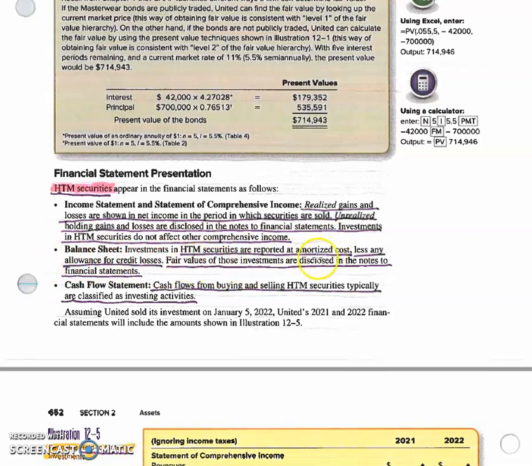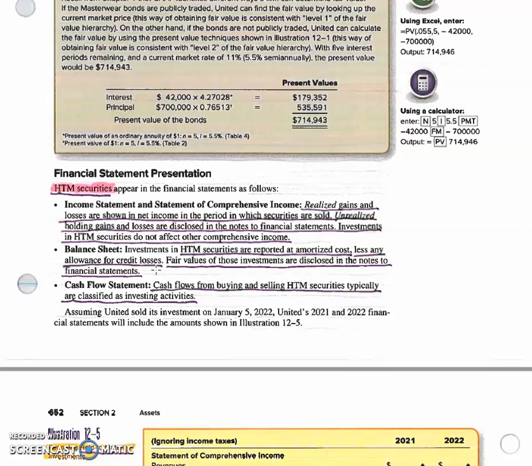Balance sheet, again, they're reported at amortized cost and less any allowance for credit losses. And any allowance for credit losses is immediately recognized as a loss on the income statement.